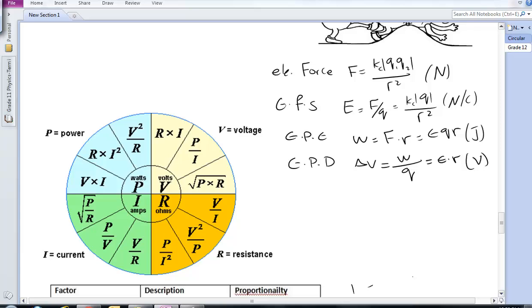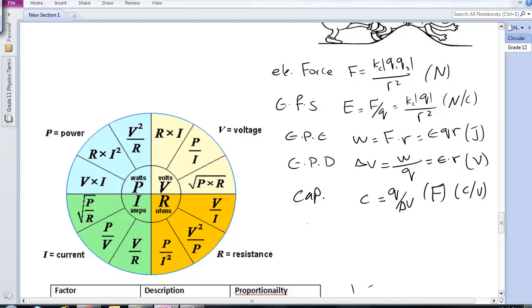We have the capacitance, which is C is equal to Q over delta V, and it is measured in farad, or coulombs per volt.